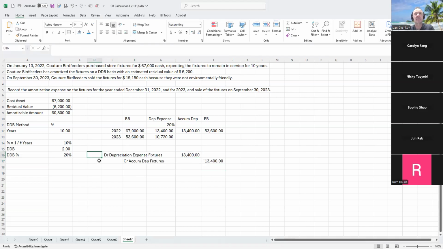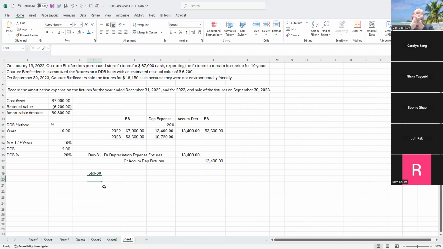That's year one, right? That's December 31st, 2022. Now, what happened then? We have an event on September 30th. What happened on September 30th? We get rid of those, and we get 19,550 cash.